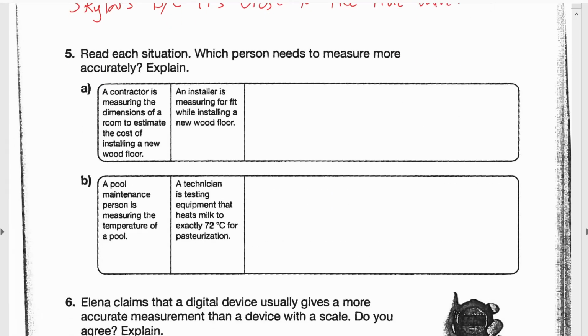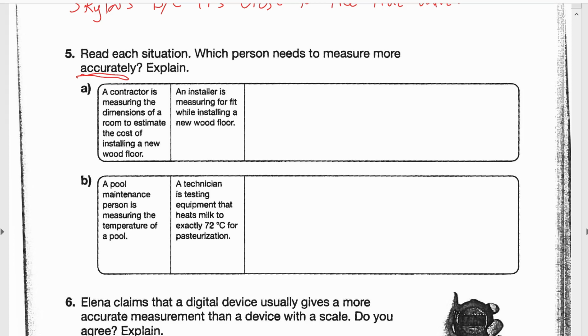Number 5, read each situation. Which person needs to measure more accurately? Explain. A, a contractor is measuring the dimensions of a room to estimate the cost of installing a new wood floor, while an installer is measuring for fit while installing a new wood floor. So the contractor or the installer?